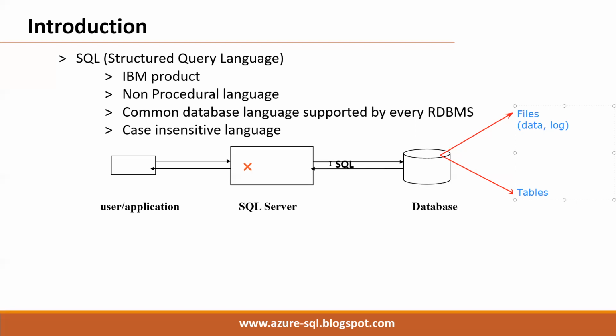Physically, data is there permanently on hard disk in the form of files. Logically, data is in the form of tables. Logically means it is stored and maintained in the buffer cache. Physically means it is stored on the hard disk.